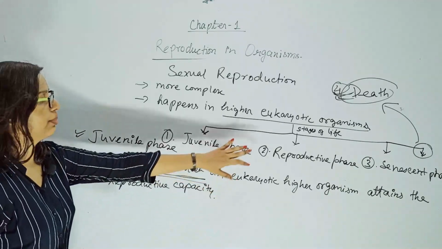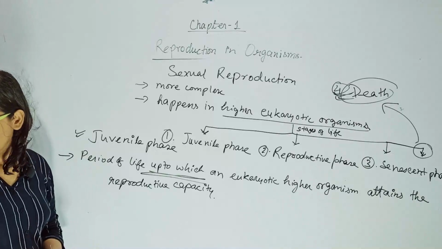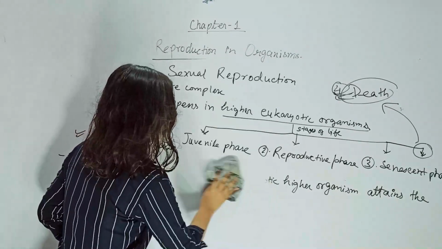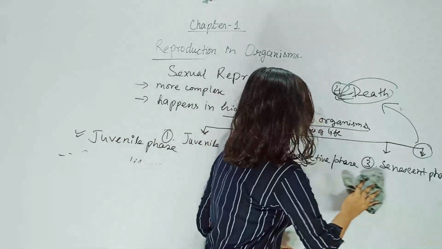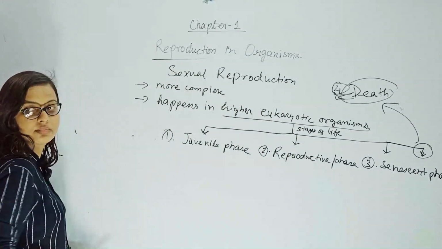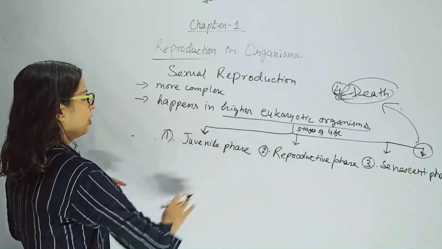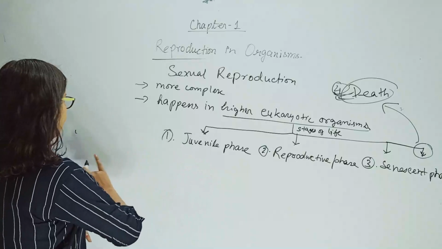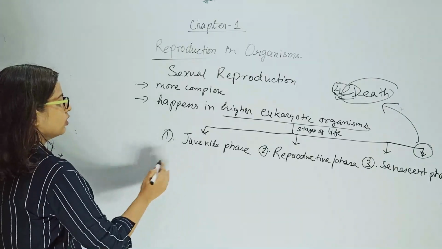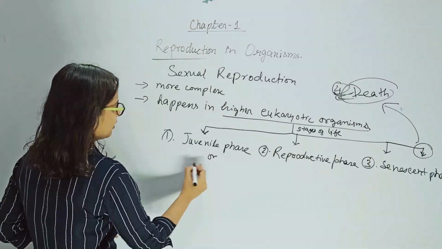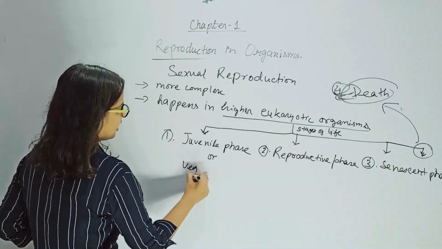Next, we are moving to the reproductive phase. But before moving to the reproductive phase, let me mention the juvenile phase in the case of plants. The juvenile phase in plants is termed the vegetative phase.